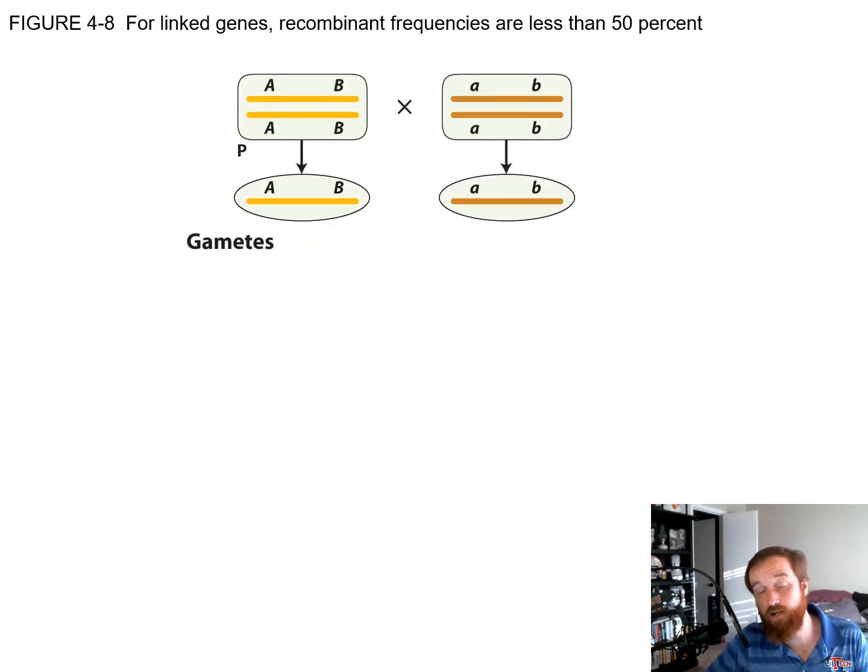So now what we're going to look at is how we determine if 2 genes are linked and physically on the same chromosome, or independently assorting, like with Mendel's ratios that we talked about in the last chapter.